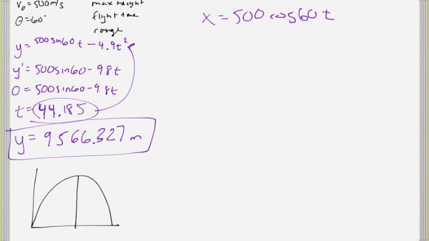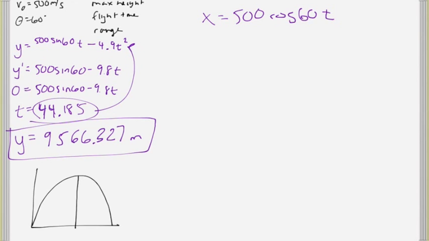So another way to find this would be to take the y value and set it equal to 0, and that would give us 2 solutions. But it's solving a messy quadratic. So that's one way to go about it, and that'll tell you when it lands.